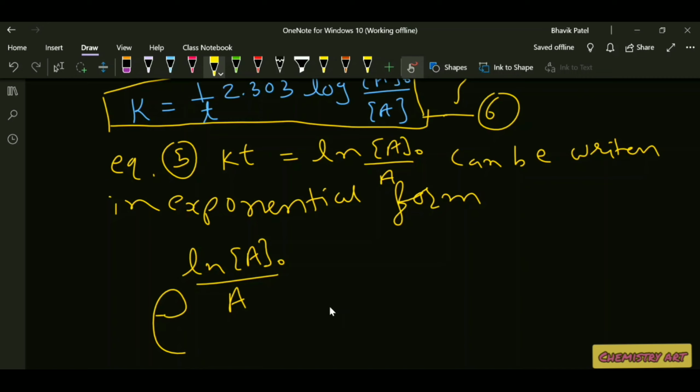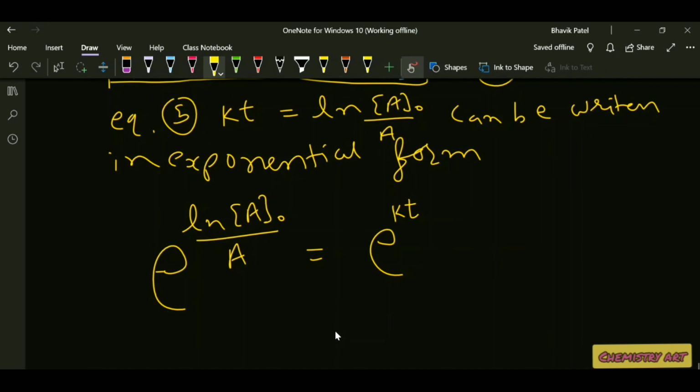And on the other side, the power of e will be kt. Now if we write the solution of this, we have A naught by A is equals to e to the power kt.